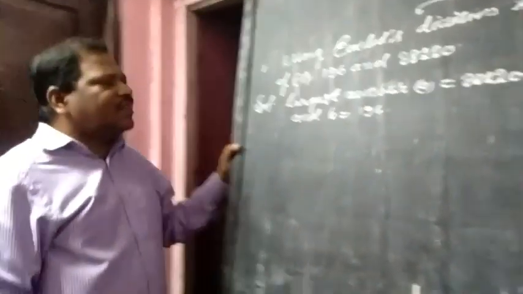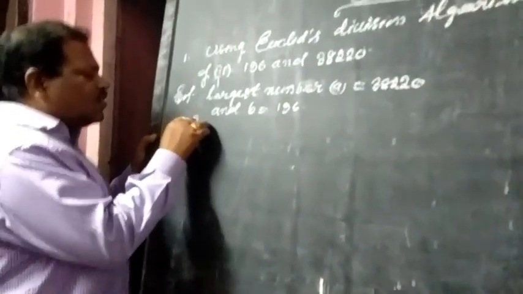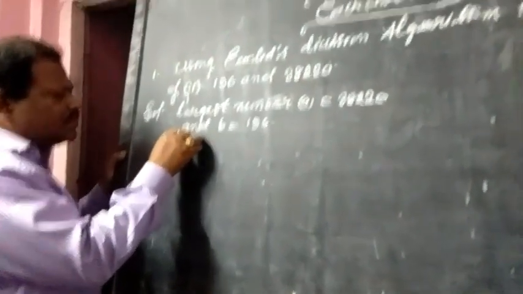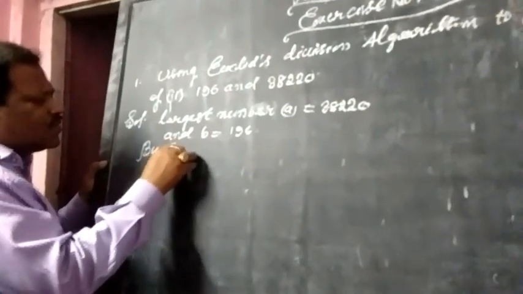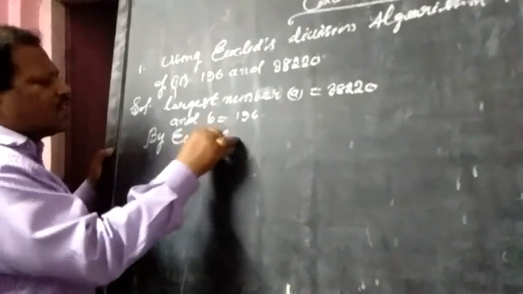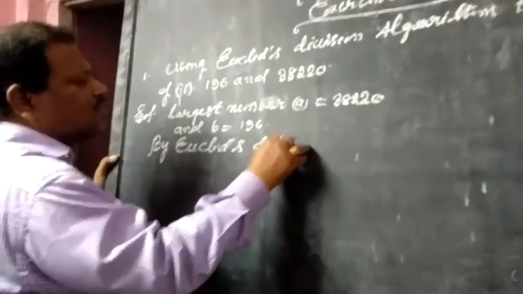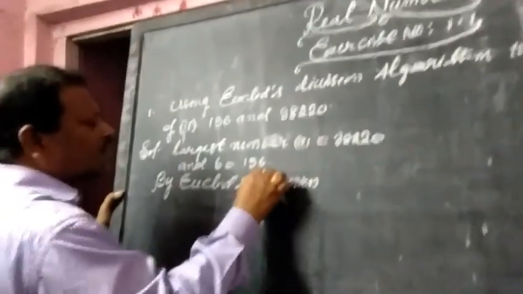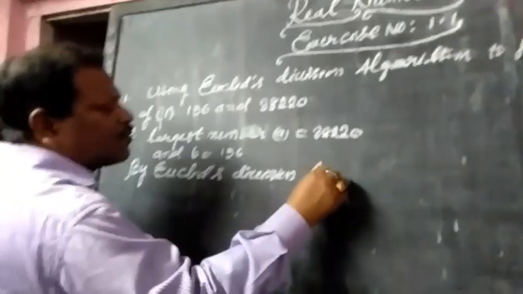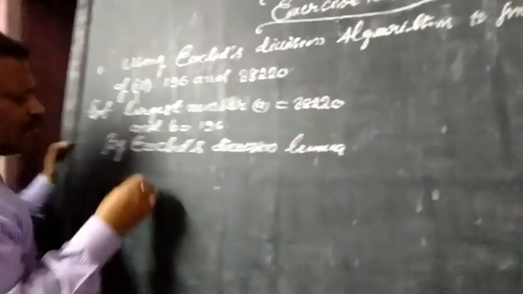Okay now, by Euclid's division lemma, what is the formula?